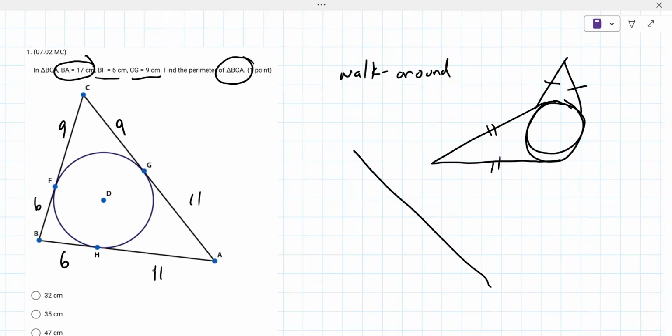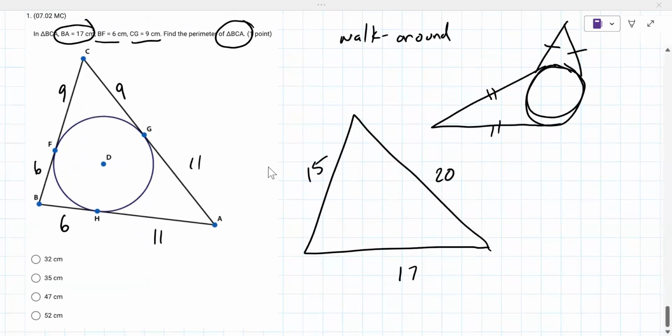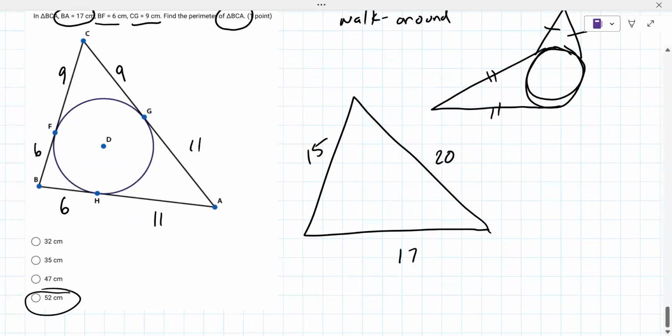So it's up to you if you want to redraw it with the information here. 17, this is 15, and this is 20. Or you just add all the numbers all the way around. So that'd be 52 is the total perimeter. Yeah, because if you add 15, 17, 15, and 20, that would be 52.